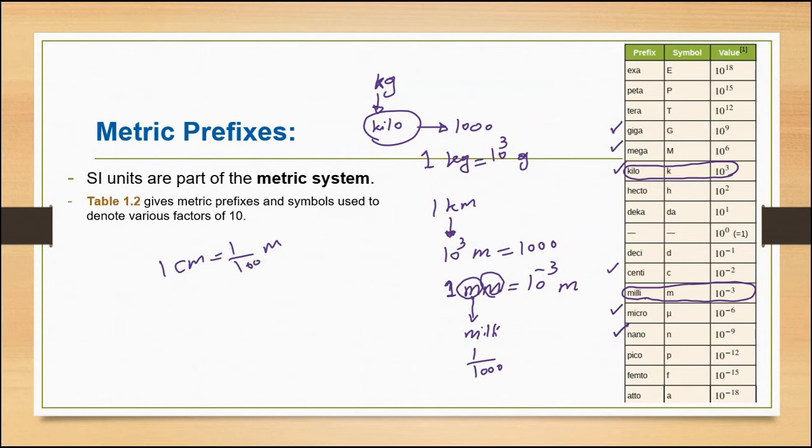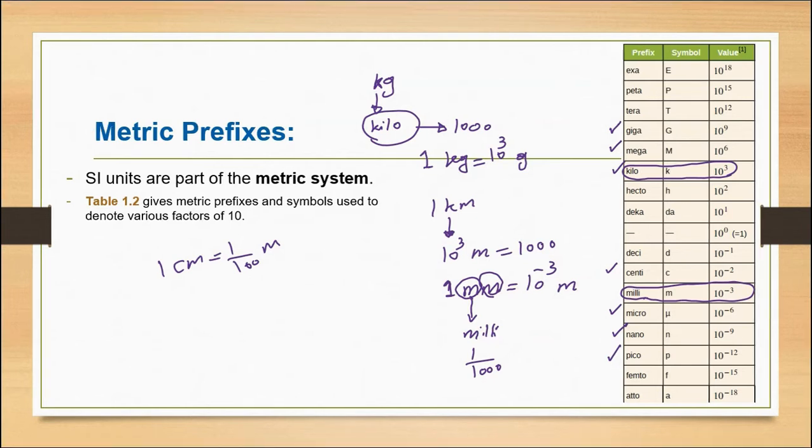Micro and nano, pico. We see these prefixes more often. One easy way to remember these symbols and prefixes is paying attention to the first letter. So after mega, mega means 10 to the 6th.